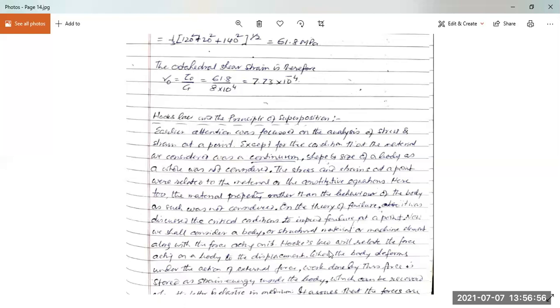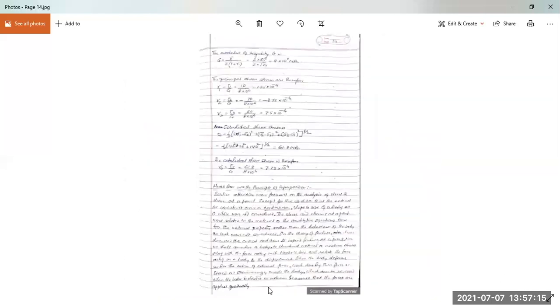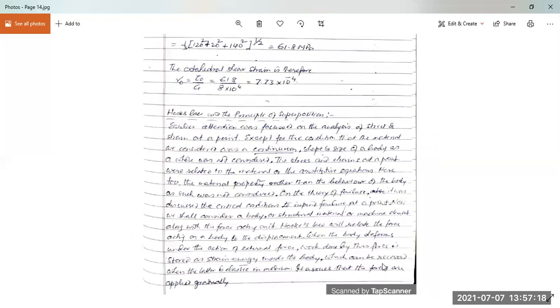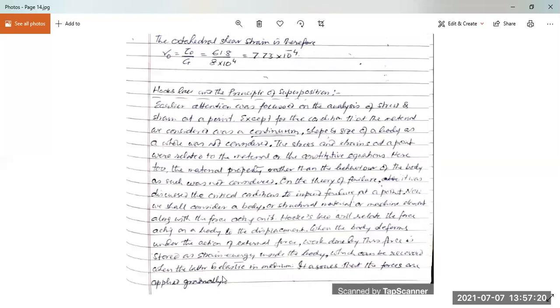Hooke's law will relate the force acting on a body to the displacement. When the body deforms under the action of external force, work done by this force is stored as strain energy inside the body itself, which can be recovered when the material is elastic in nature. It assumes that the forces are applied gradually.